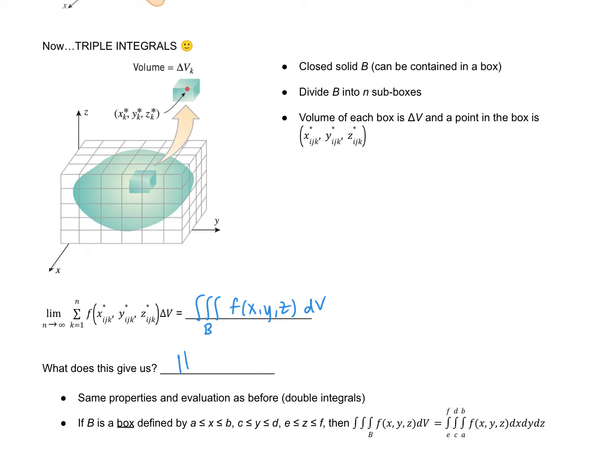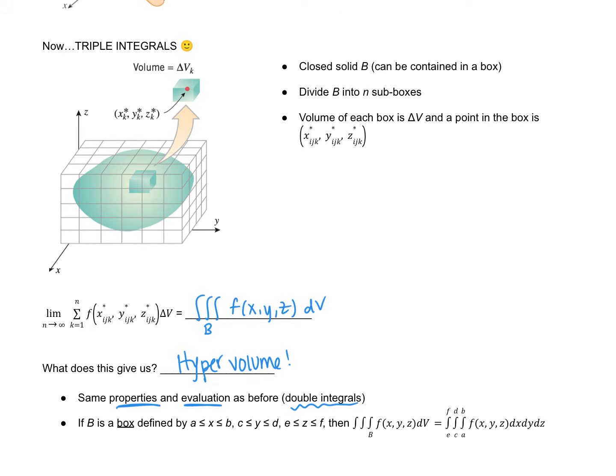What it gives us is what we call hypervolume. So a double integral gives us volume, a triple integral gives us hypervolume. It has the same properties and evaluation as a double integral.